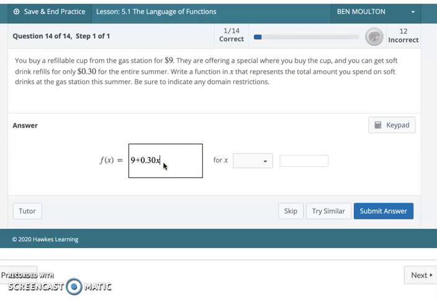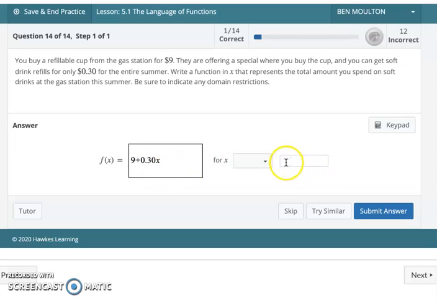For example, you buy 10 refills. There's the initial charge of $9 for the cup, and then you have your 10 refills, which you multiply by 0.3, so now you're looking at $3 that you add to the $9, so you're looking at $12 total. That's what's happening there.